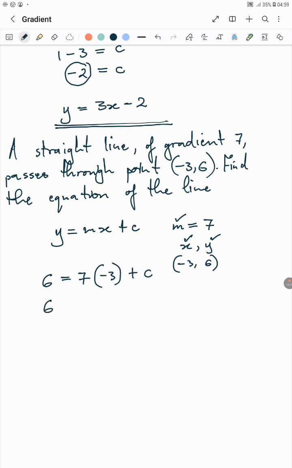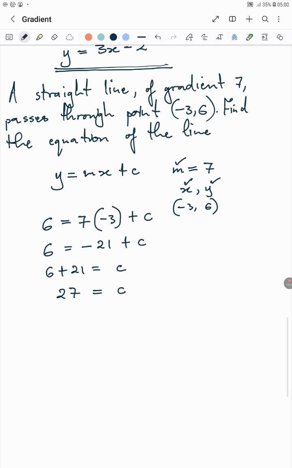So this is 6 is equal to minus 21 plus c, and here we say 6 plus 21 is equal to c, and 27 is equal to c. So our equation for this straight line will look like this: y is equal to 7x plus 27.